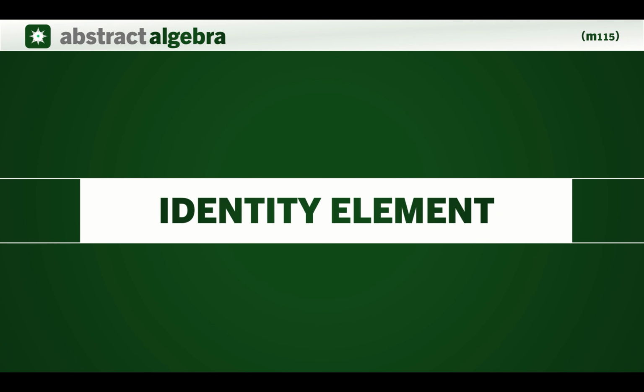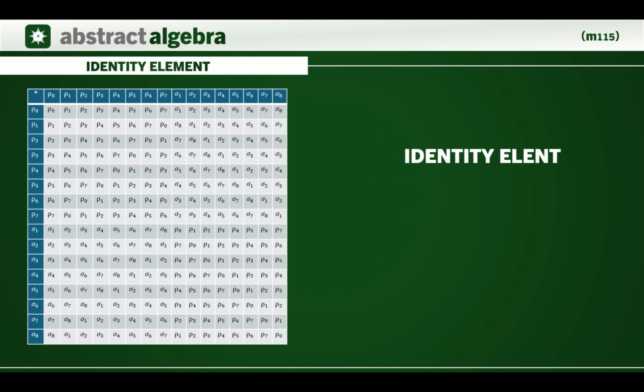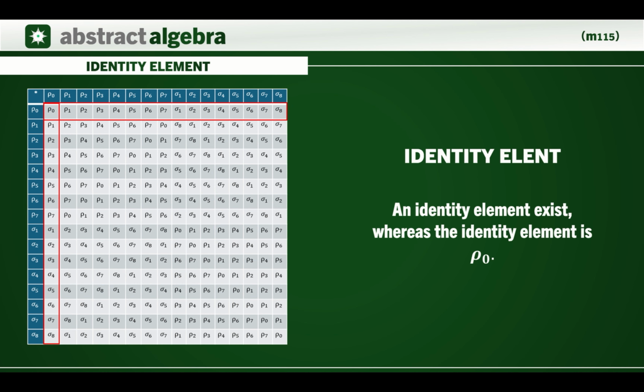Next, we are going to find the identity element of our permutation table. So, this is our identity element. The identity element exists, and the identity element is rho sub 0.